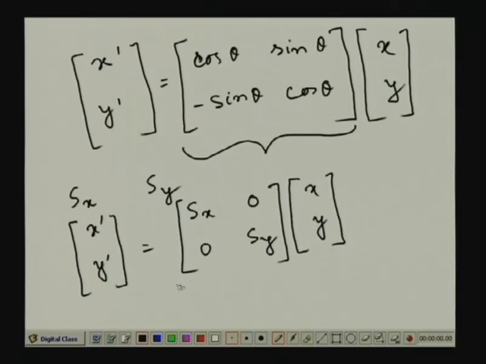So, the transformation matrix for performing the scaling operation is nothing but the matrix Sx 0 and 0 Sy. These are the simple transformations that I can have in 2 dimensions.